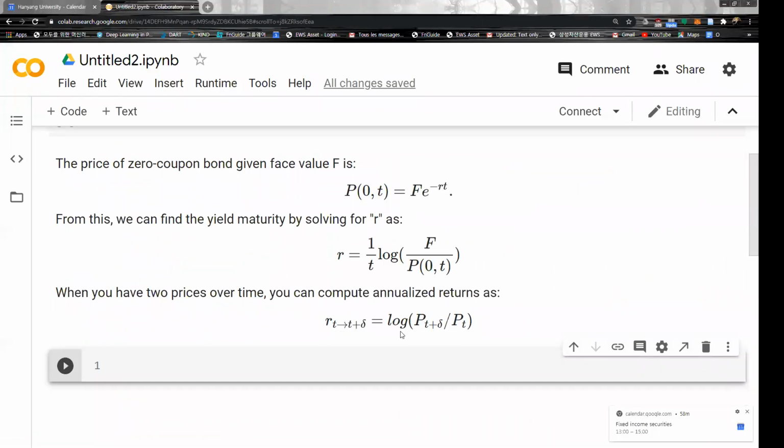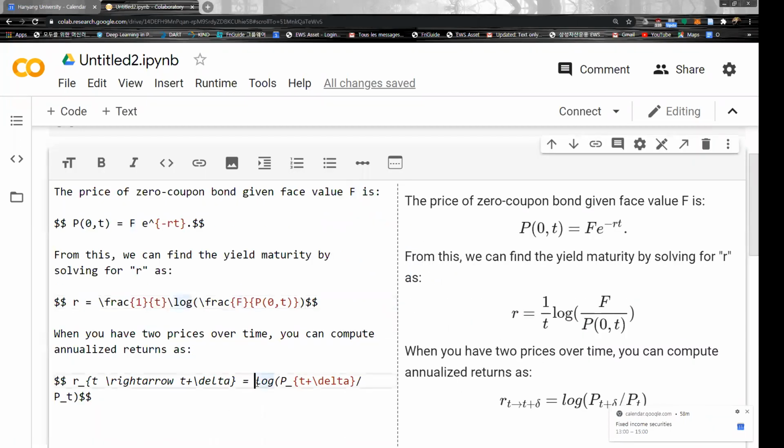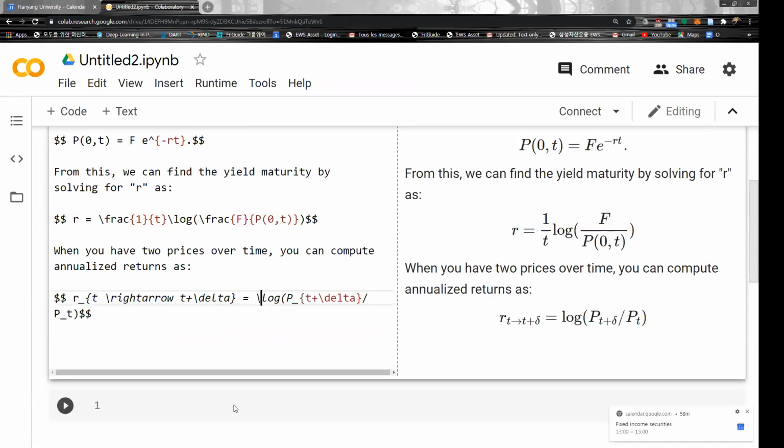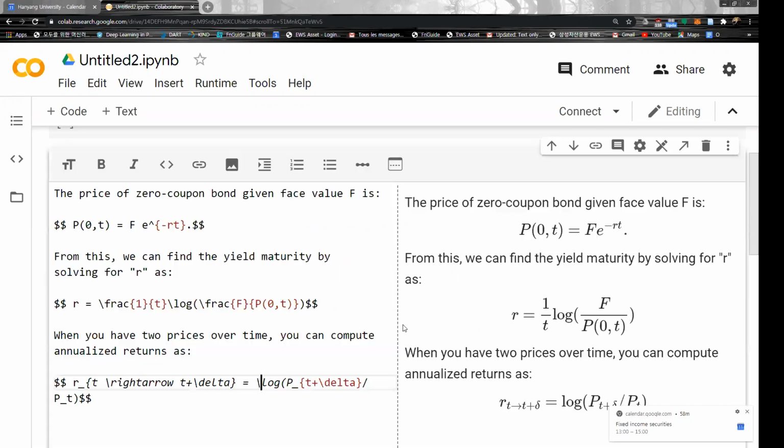So basically, the log price ratio between the two is the return between them. But this is not the annualized return, right? The log ratio between the two is basically the return, but it is not annualized yet. So in order to annualize it, we divide by the time between the two, so 1 over delta.